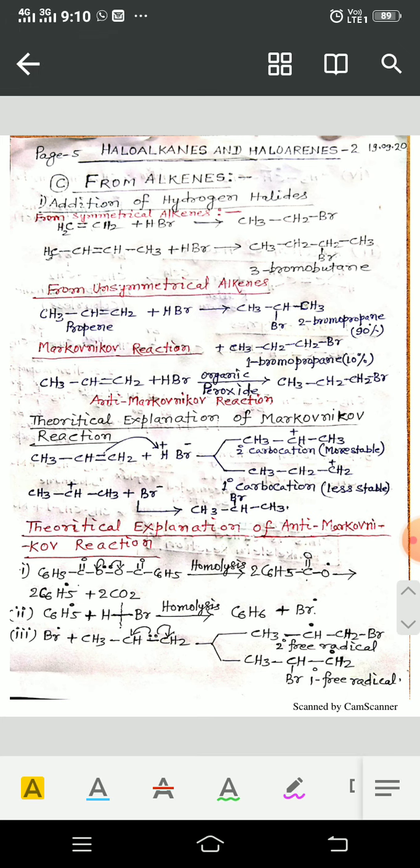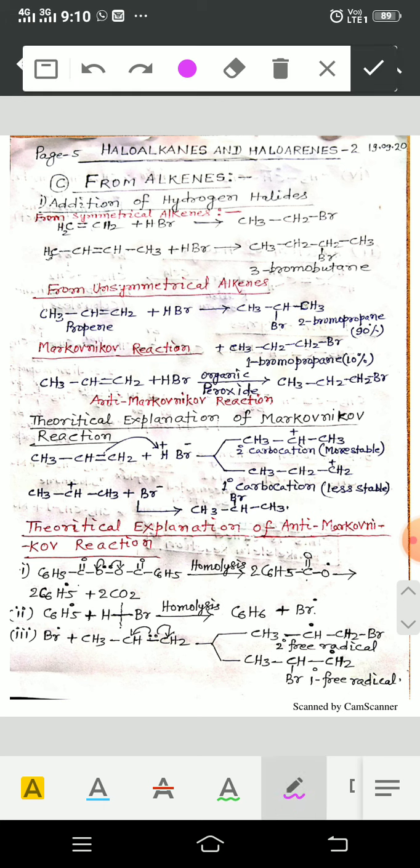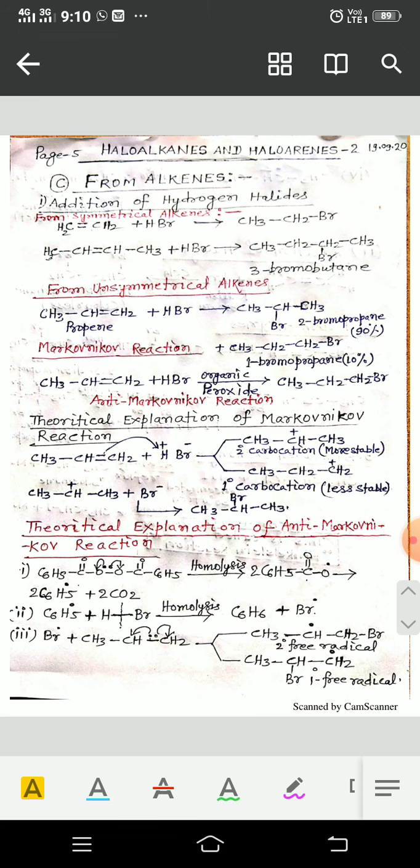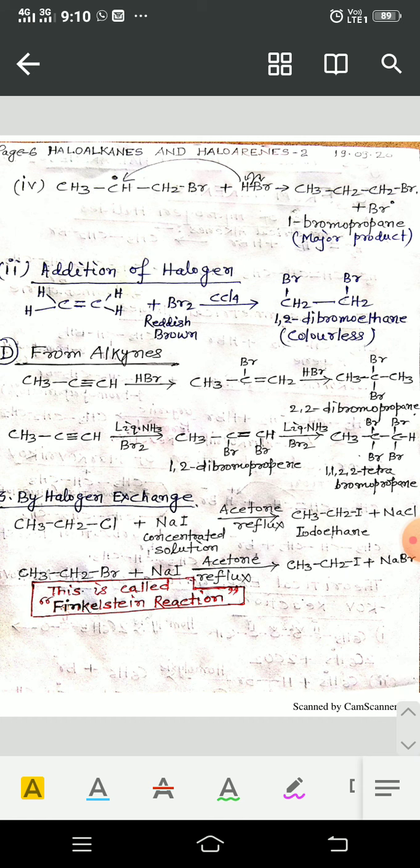So this is about the mechanism of anti-Markovnikov's addition. See here, the mechanism. When you see the mechanism in the PDF, you will understand it. It is not very difficult. With the help of this reaction it will become clear. See here what happens.